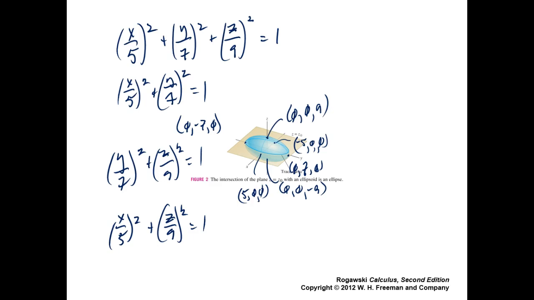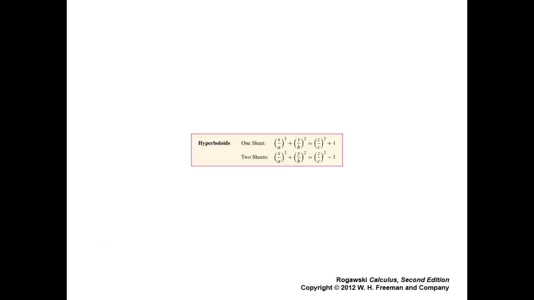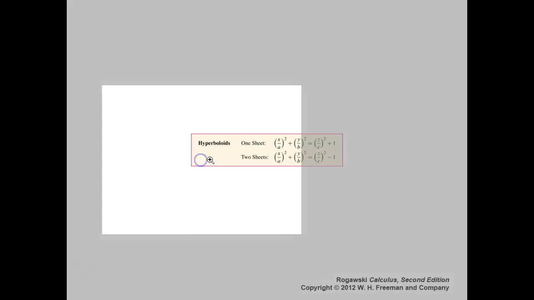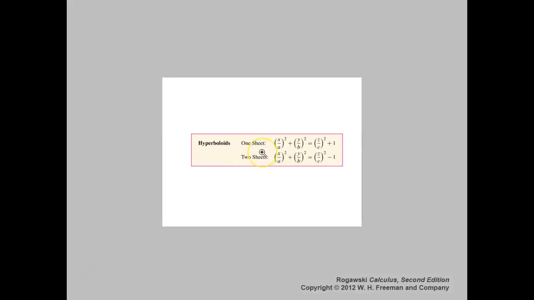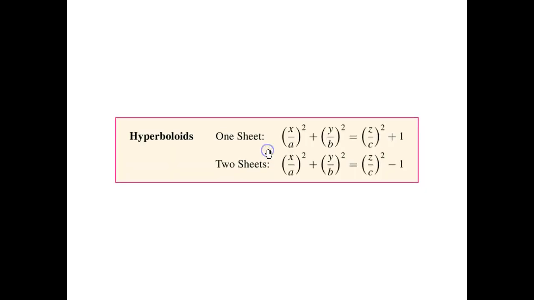Now let's move to our hyperboloids. Okay, you have two kinds: one sheet and two sheets. Now, I do not like the way they express them, and there must be a reason they express them this way, but to me, it's not as consistent with what we call the conic section.